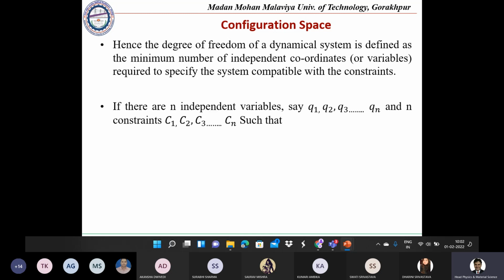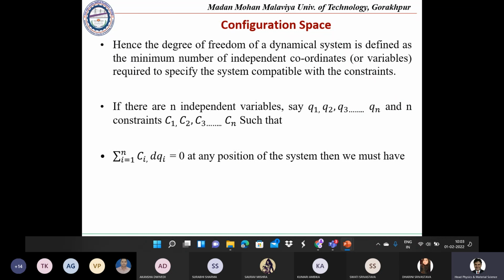तो अगर हम इसको मैथमेटिकल फॉर्म में देखें, तो if there are n independent variables, say q1, q2, q3 up to qn, and n constraints are there, then constraints will be c1, c2, c3 up to cn, such that we will have the sum over i equal to 1 to n of ci dqi equal to 0 at any position of the system.